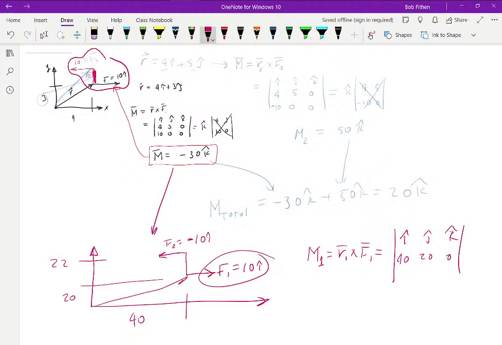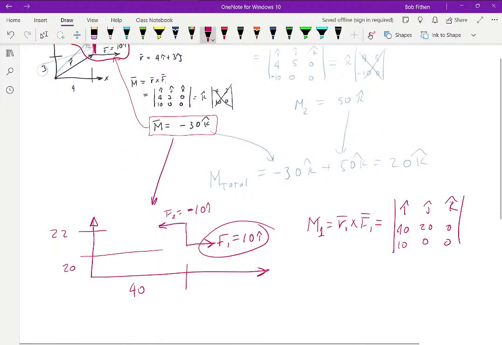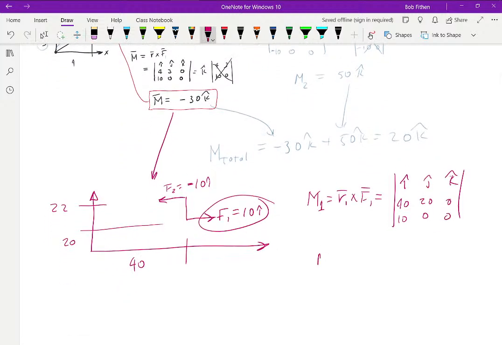That's the vector that goes to right there, the point of application of the load. The load itself is still 10. It's 0. There's only a k component, so the moment here is equal to the k component, cofactor expansion, 40, 20, 10, 0. That's 0. That's minus 200.